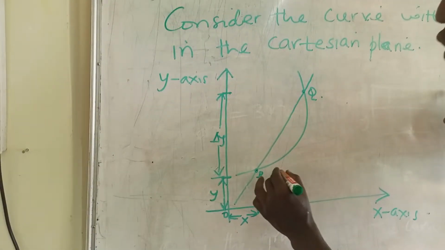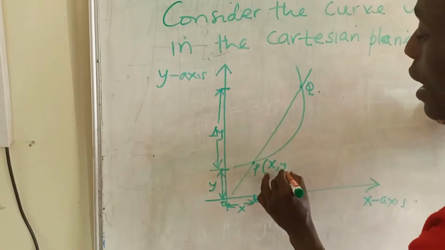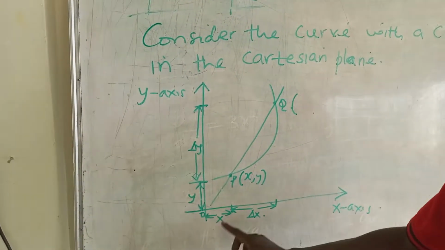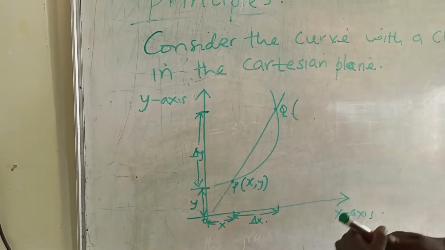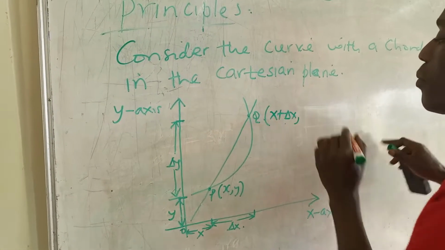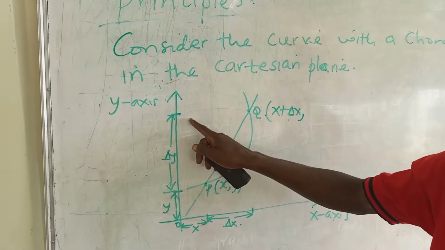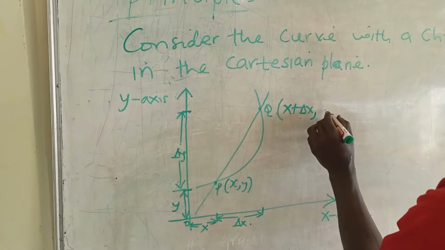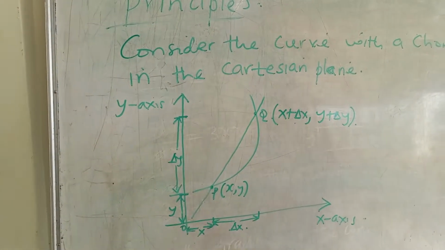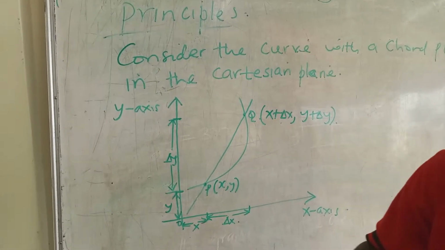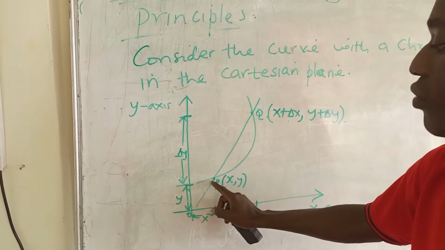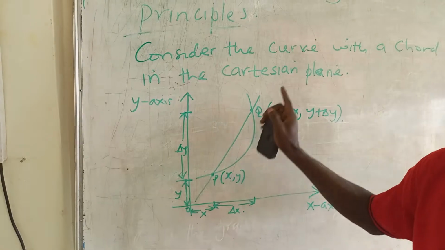Therefore, the coordinates of P is x, y, and the coordinates of Q, for x-axis, will be x plus del x, which is x plus change in x, comma, and for y-axis, it will be y plus change in y. Now, our main aim is to find the gradient of the curve. I will find first the gradient of this chord, which is PQ.